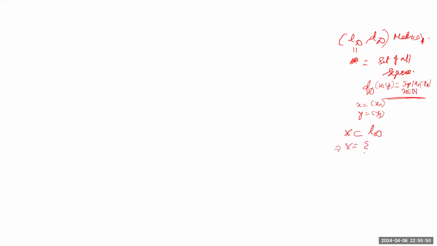X consists of all sequences xn such that the terms of the sequence are either 1 or 0 or both.